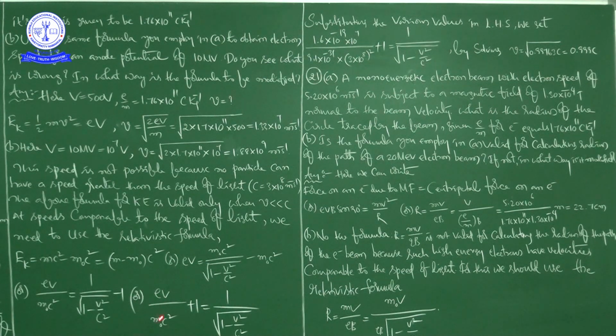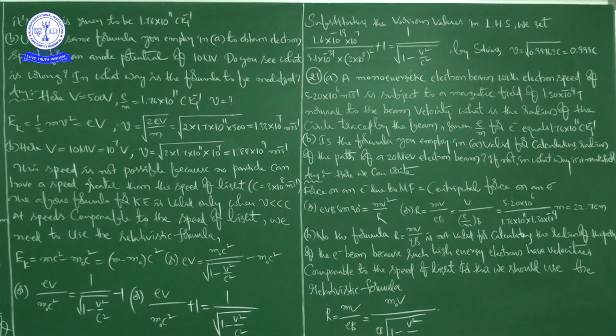So conceptually we are writing this one, and from this we are getting this, and then we are substituting the values, that is what m is equal to m naught by square root of 1 minus v square by c square, that only we substituted here, right. And thereafter mathematically we are taking that common, sending it to the left hand side, and then finally taking this minus 1 to this side, that is what plus 1 is equal to 1 by square root of 1 minus v square by c square.